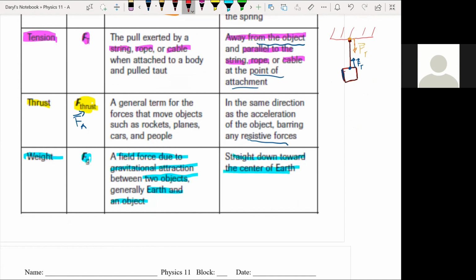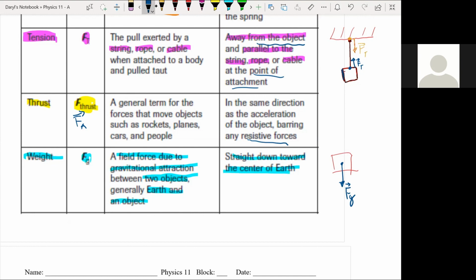That's why if you have an object, the force of gravity is always downward. That is your Fg. Any object on Earth is always acted upon by the force of gravity.